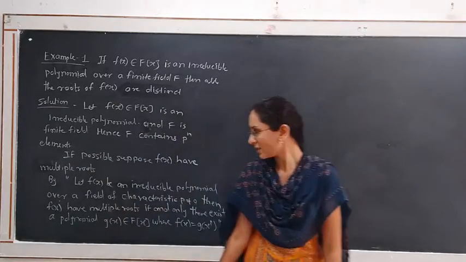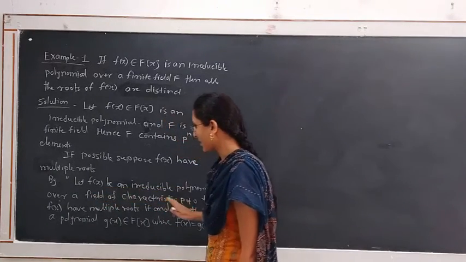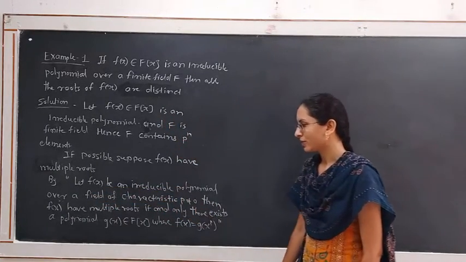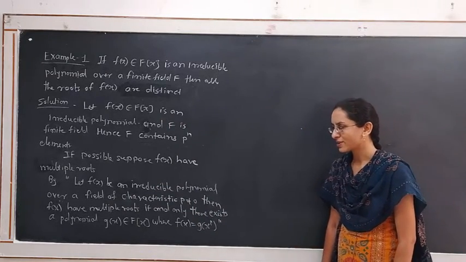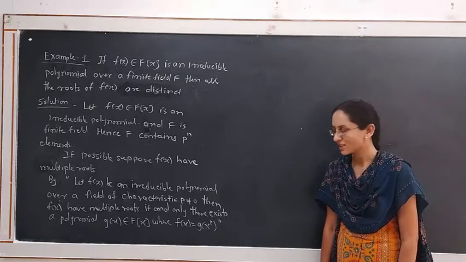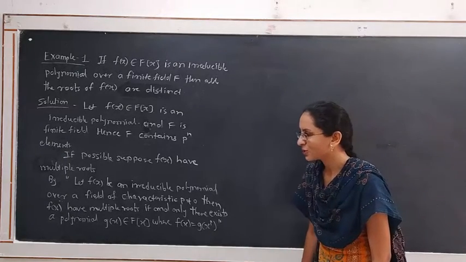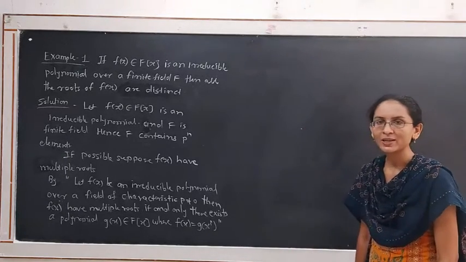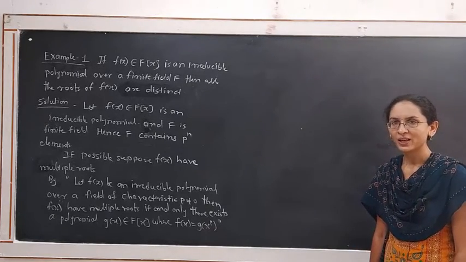This result was proved in the previous lecture. Let f(x) be an irreducible polynomial over the given field F whose characteristic is p non-zero. Then f(x) will have multiple roots if and only if there exists another polynomial g(x) over the same field F[x] where f(x) is equal to g(x) raised to p. That means if we replace x by x^p in the polynomial g(x), then we get the polynomial f(x).